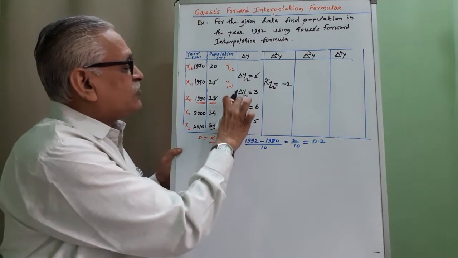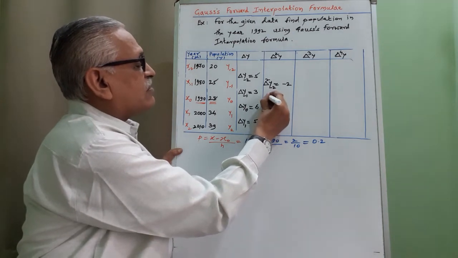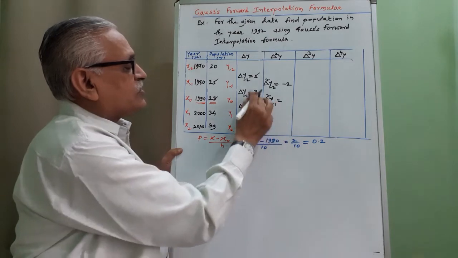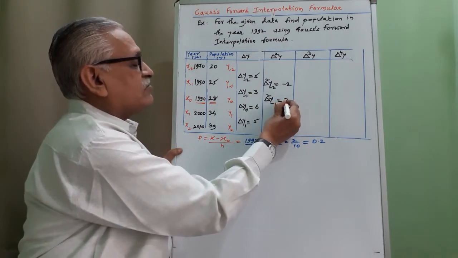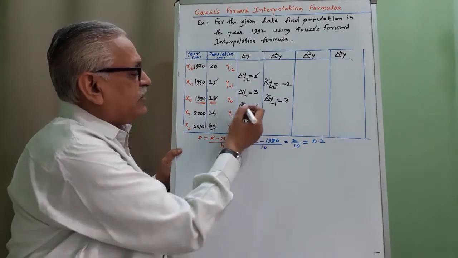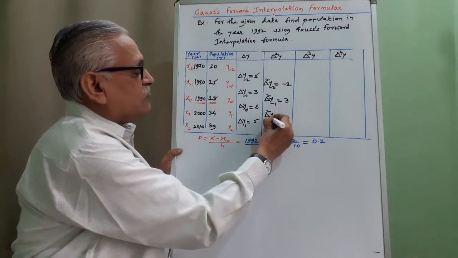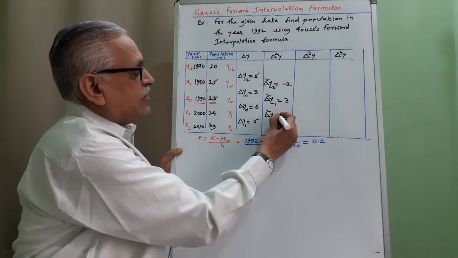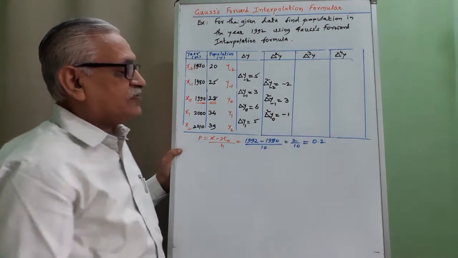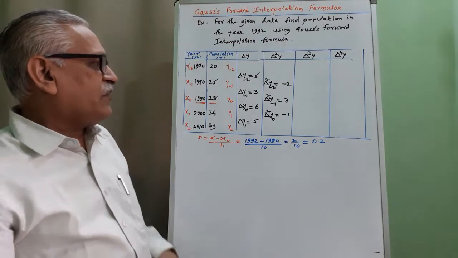Next, del y0 minus del y minus 1 as del square y minus 1, and that is equal to 6 minus 3, we get 3. Next, del y1 minus del y0 is del square y0, and that is equal to 5 minus 6, we get minus 1. This is the second forward difference.